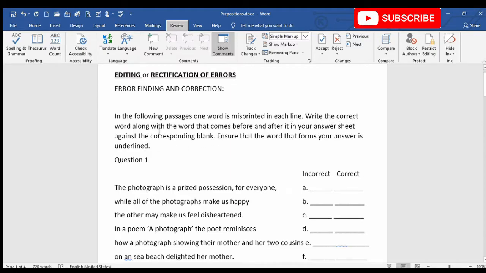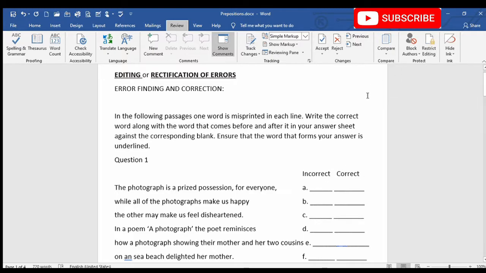Write the correct word along with the word that comes before and after it in your answer sheet against the corresponding blank. Ensure that the word that forms your answer is underlined. So, what you will have to do is find the mistake and write down that mistake in the first blank, and in the second blank you will write the correct word.